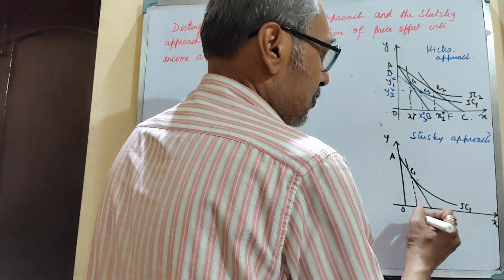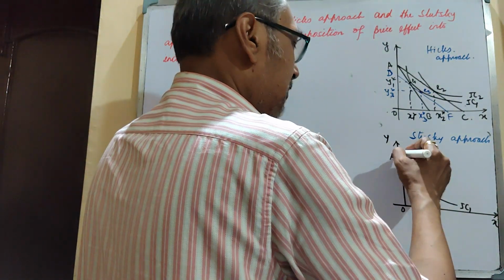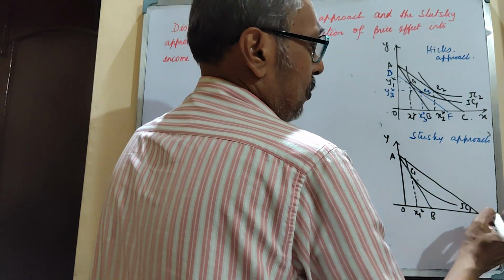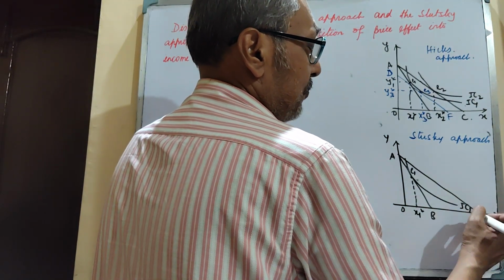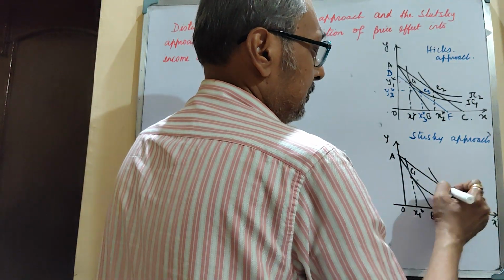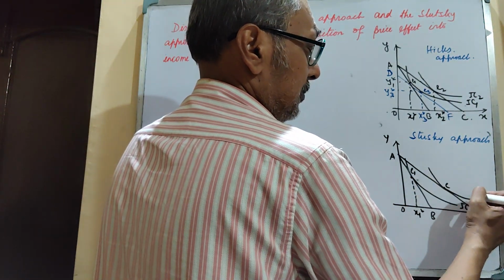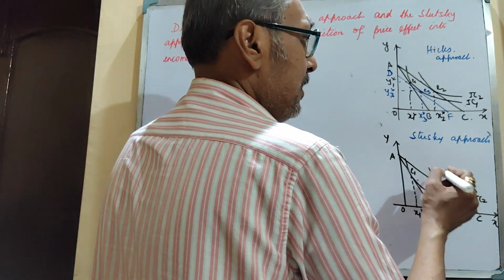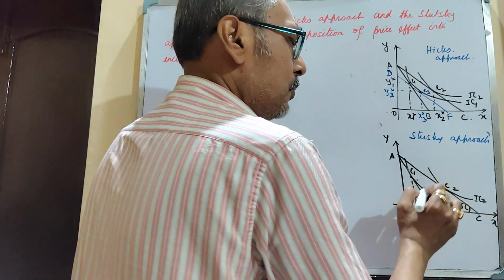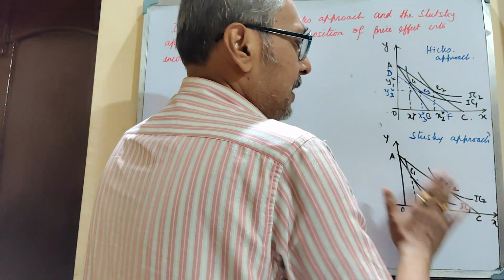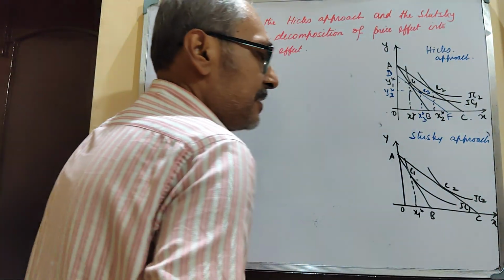This is our x1 star, and due to fall in Px, keeping Py and M constant, the budget line rotates from AB to AC. This is another equilibrium point, E2. Till this point, these two graphs are same.